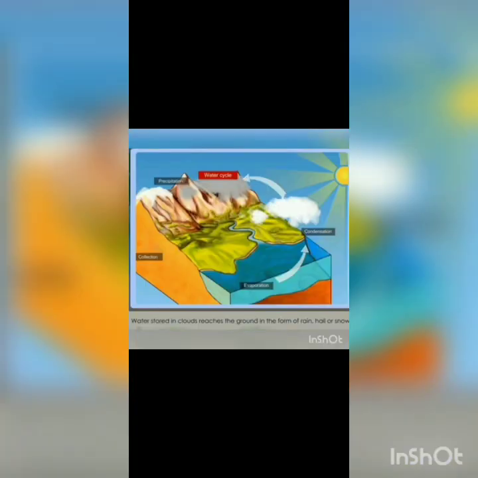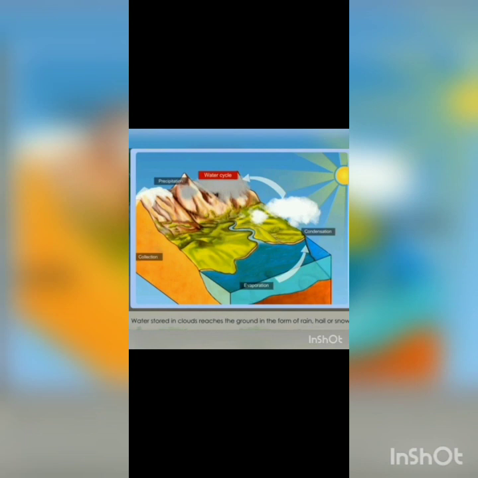Okay. Next, the water cycle. See the picture of the water cycle. First thing, evaporation. Change of water into water vapor is called evaporation. Next, condensation.